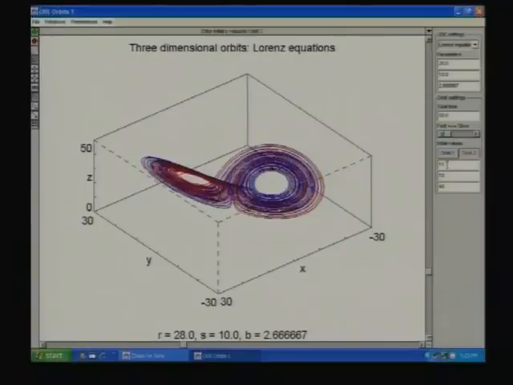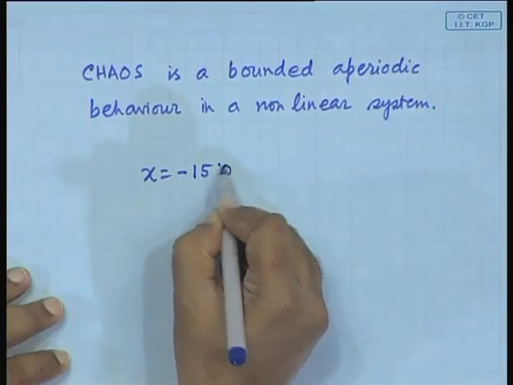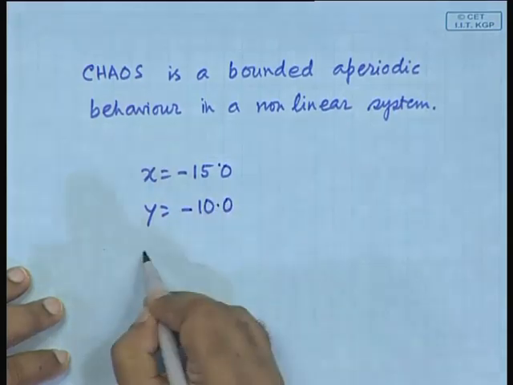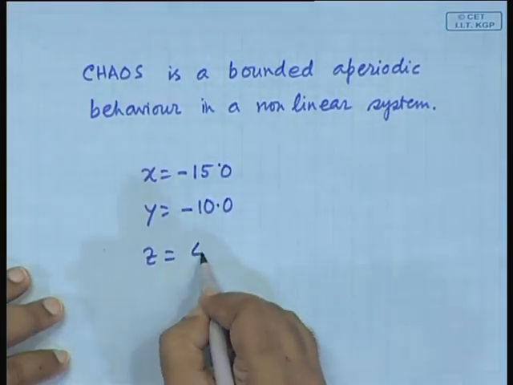The issue is that suppose you start from this initial condition, which I have given, probably it is too small for you to read. So, let me write down the initial condition that I have given. X is minus 15, y is minus 10, and z is 40.